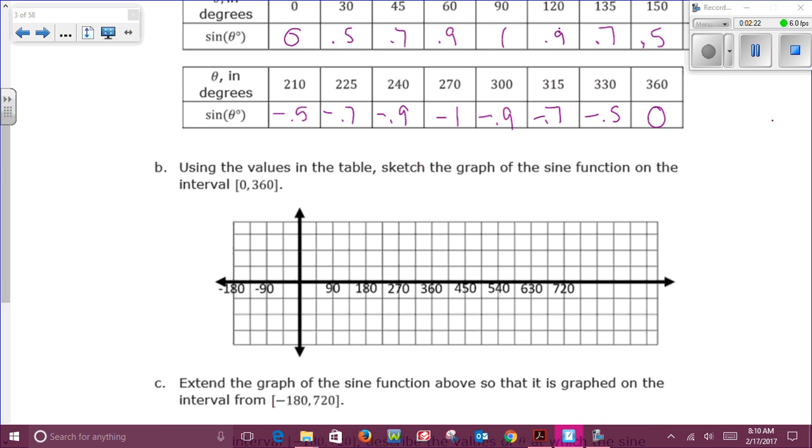So now I'm going to plot these points on my graph. So I have 0. And I'm going to do this as 0.5 and this as 1. The next value I see on this graph is actually 1, and so we're just going to kind of have to split it up. 45 would be halfway, and 30 would be about halfway between 0 and 45, and then 60 is going to be way up here.